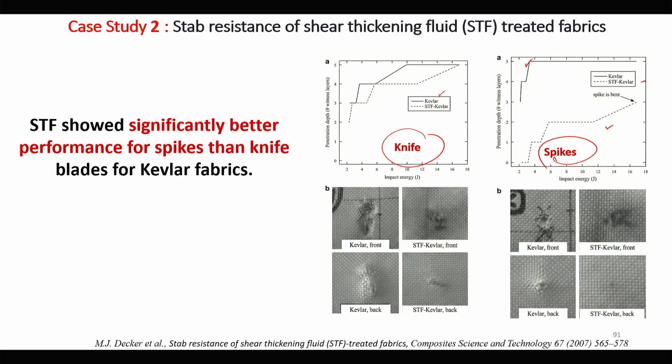Now, we can see for spikes, incorporation of the STF reduces the penetration depth significantly, but in case of knife this reduction is not that high. That is visible here using the length of cut.